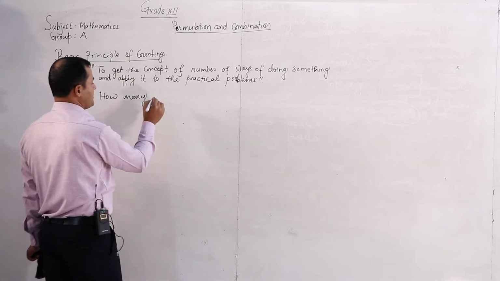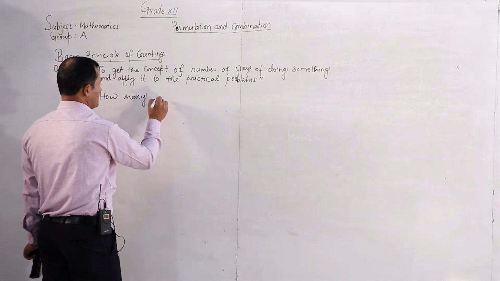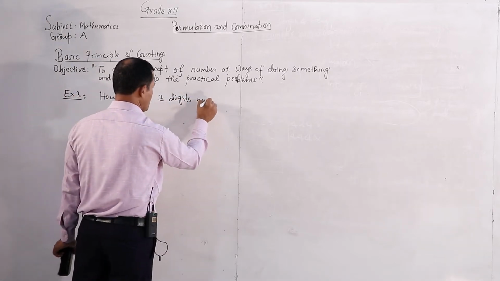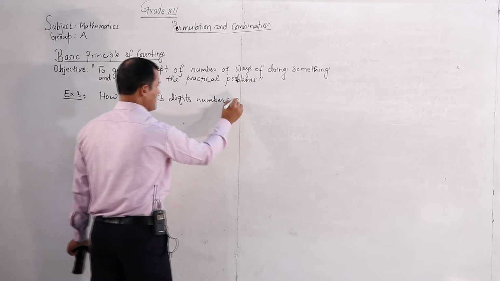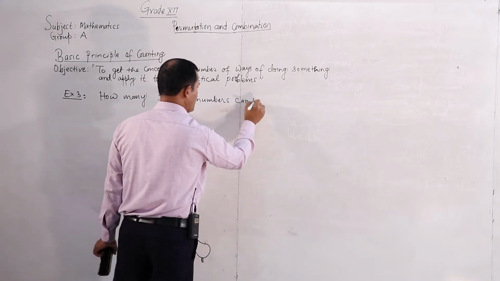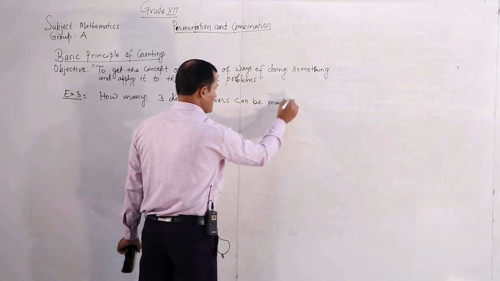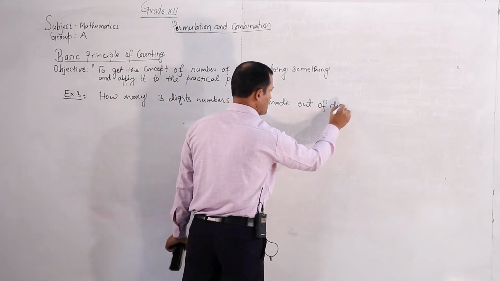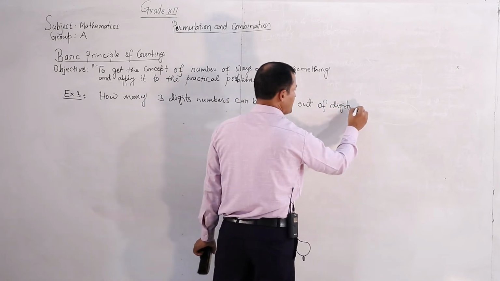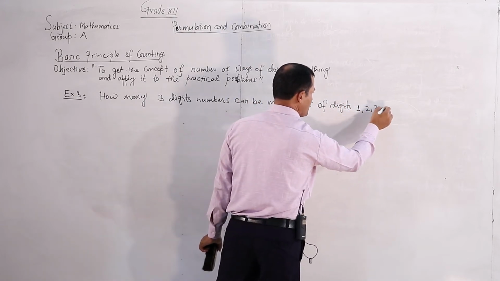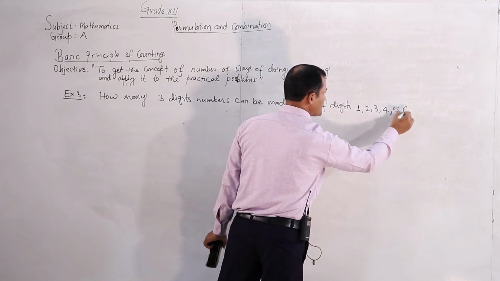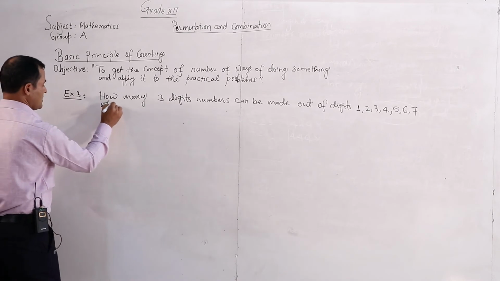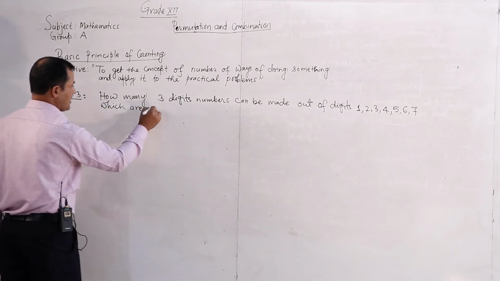How many 3-digit numbers can be made out of the digits 1, 2, 3, 4, 5, 6, 7 which are odd numbers?